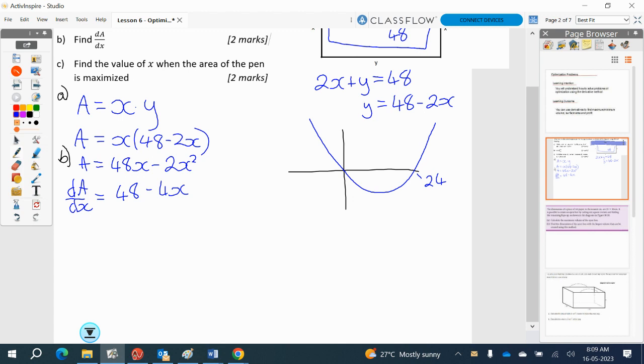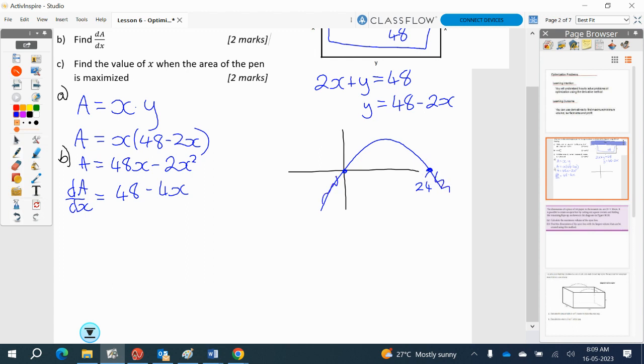You can just graph it on the calculator, but we should graph it correctly. Obviously, the domain of this one is going to stop here and stop here, and the other two bits need to be removed.